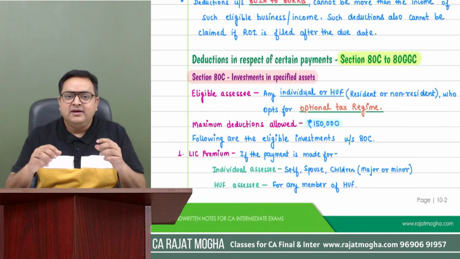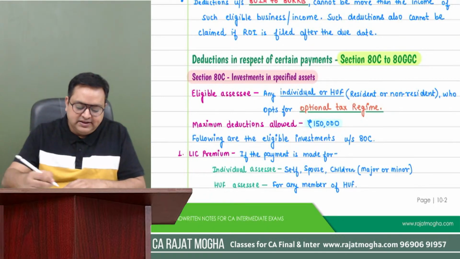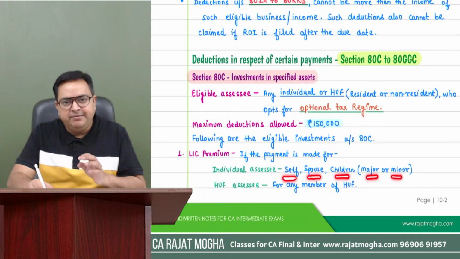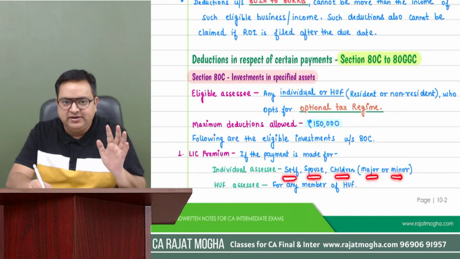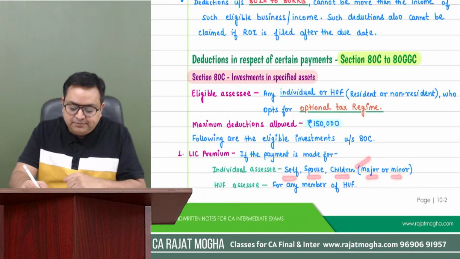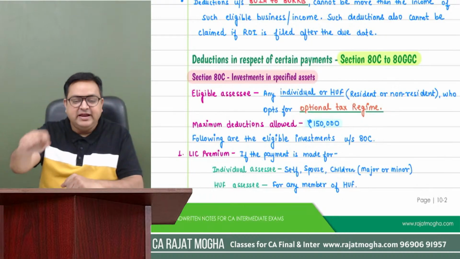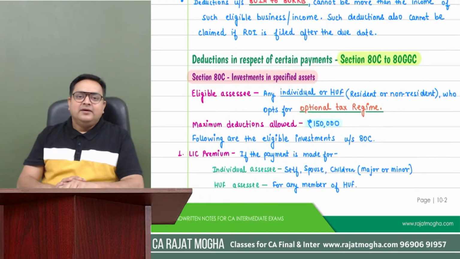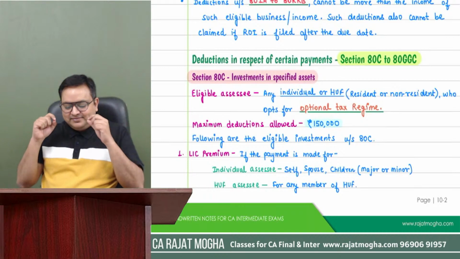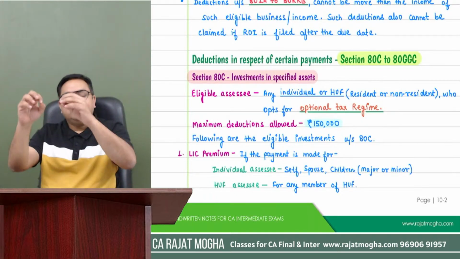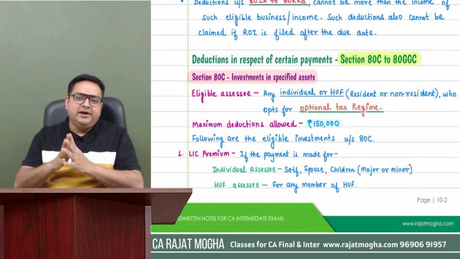I'm again repeating. If the assessee is an individual, then they can make the payment for self, spouse, children. Whether they are major, minor, dependent, non-dependent, we are okay with it. It is allowed. So parents are not written over here? No. Here the examiner will give you a tricky question. Examiner will say that the assessee is making an LIC payment for his father who is wholly dependent on him.